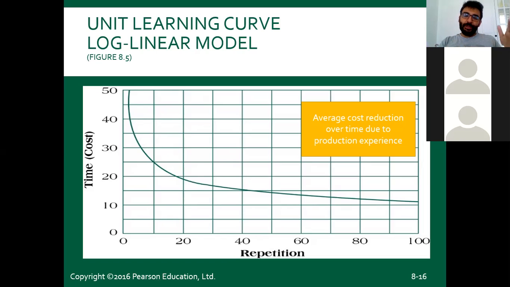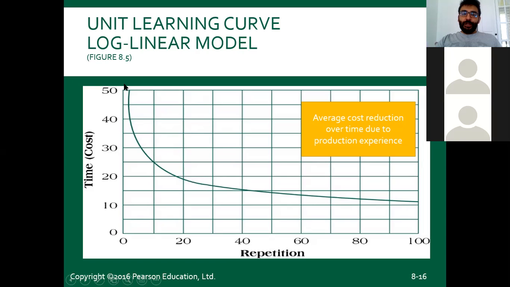But the second time, it drops dramatically, right? To, let's say, 30 minutes, and then 20 minutes, and then 10 minutes. As you see, as time passes and you repeat your activities, you learn how to do that, and you learn it more quickly. This is what a learning curve means.